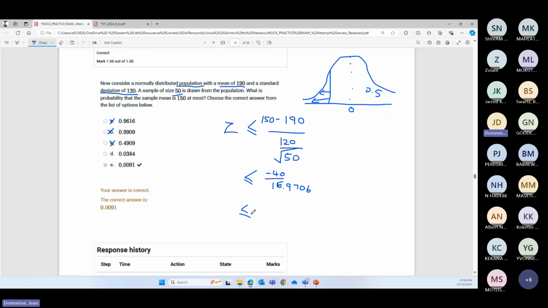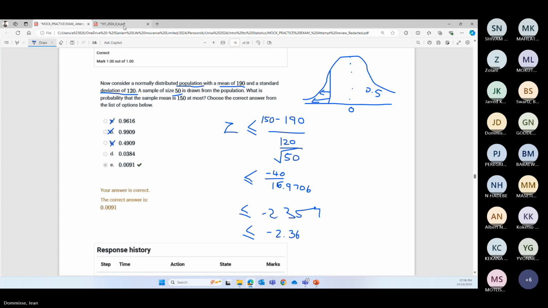So that will be equal to minus 2.357. Sorry for that. So that will be rounded off to minus 2.36, and the smaller area.